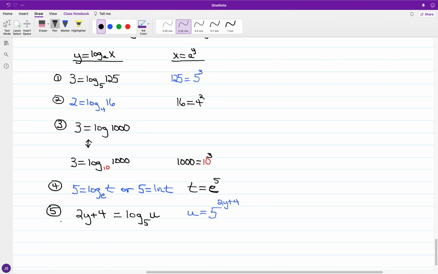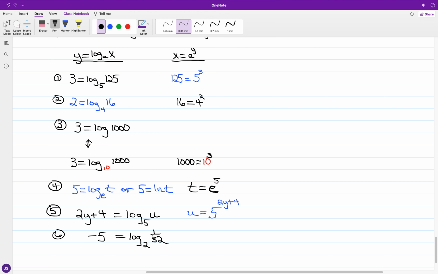Now let's say for item 6 we have negative 5 is equal to the base 2 logarithm of 1 over 32.